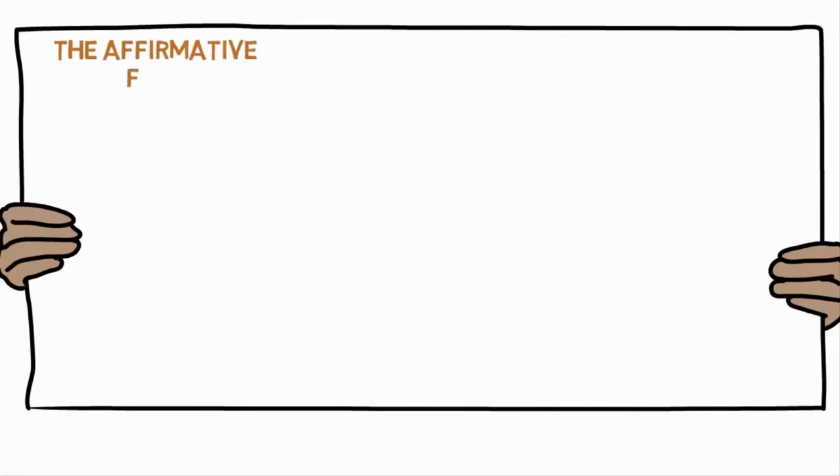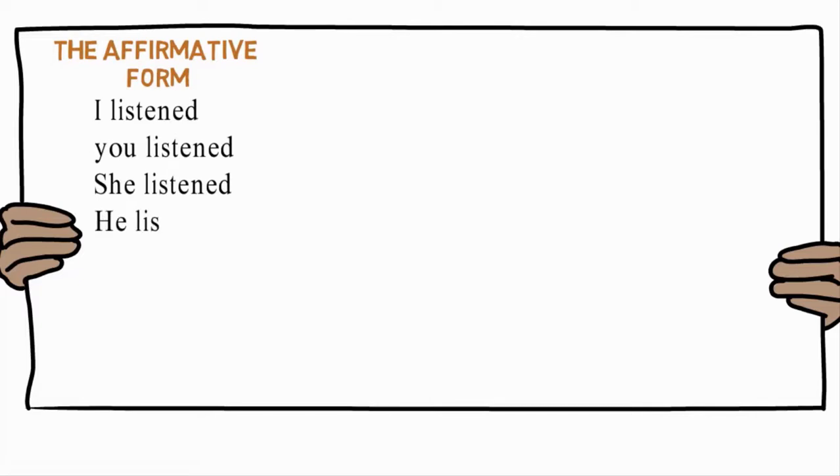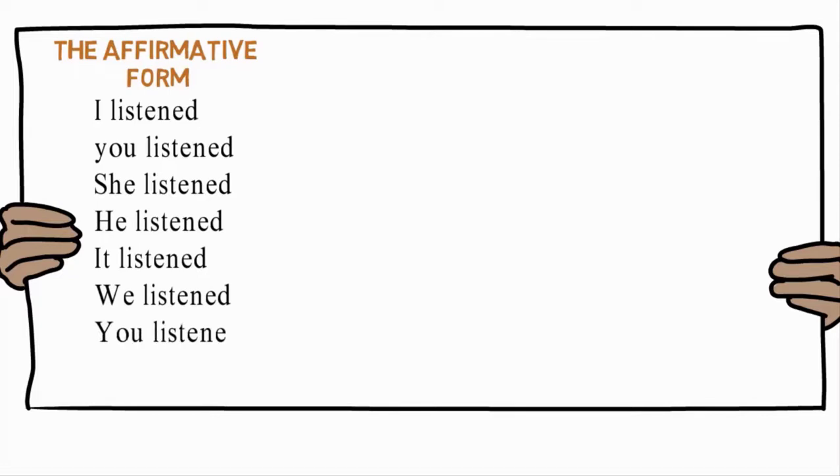Let's have a look at the affirmative form of the verbs in the past. I listened, you listened, she listened, he listened, it listened, we listened, you listened, and they listened.